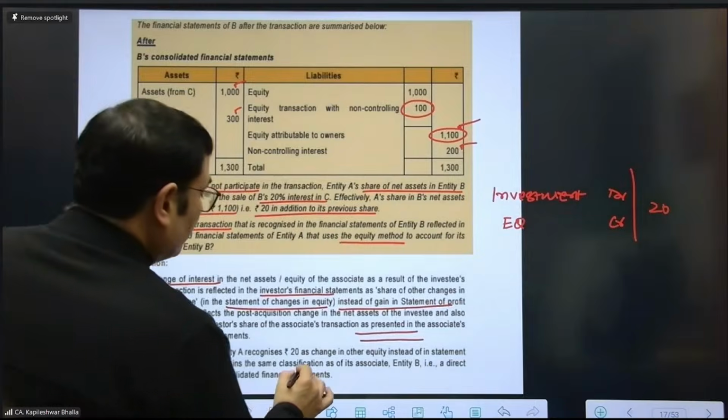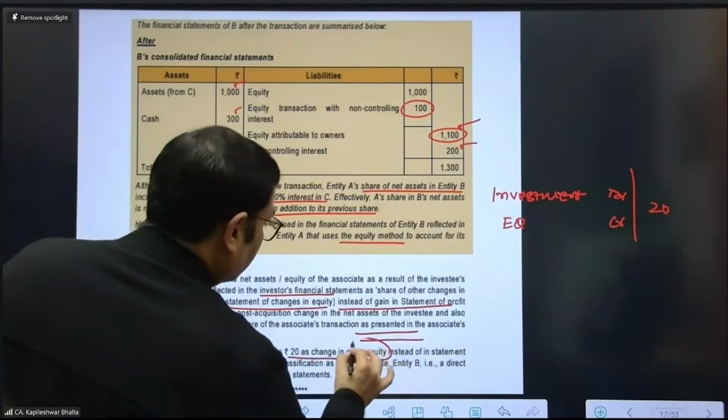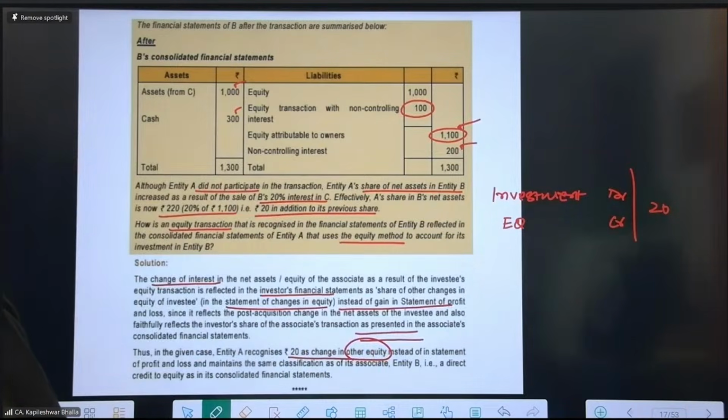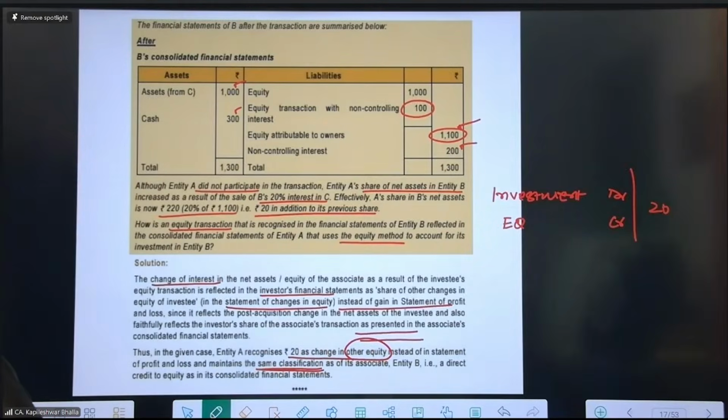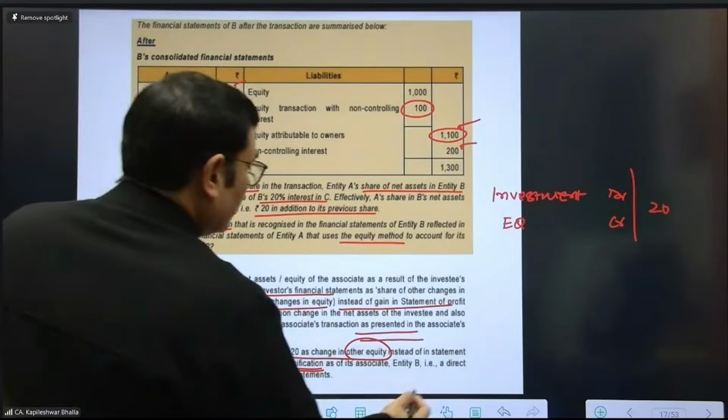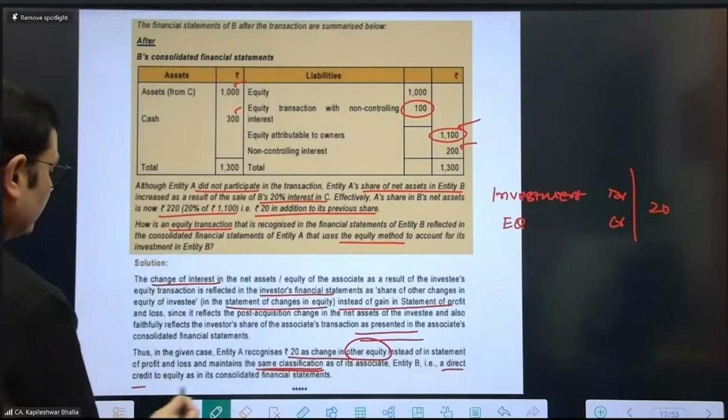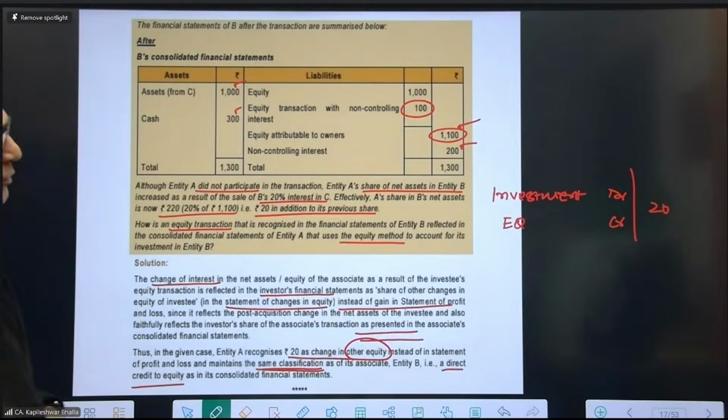Thus, in the given case, A recognizes 20 as a change in other equity instead of P&L, maintaining the same classification as the associate. That is a direct credit to the equity in the consolidated financials.